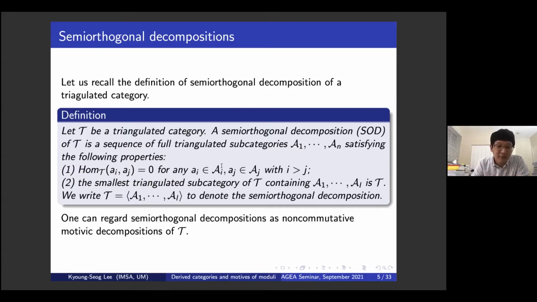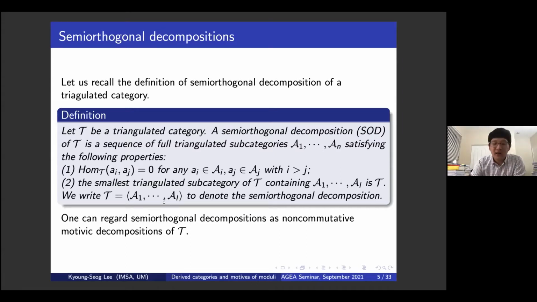This is the first condition. And the second condition is that the smallest triangulated subcategory of T containing all these subcategories is T. In other words, A_1 to A_n generates the whole triangulated category. And in this case, we write T is equal to angle bracket A_1 to A_n to denote that T admits this semi-orthogonal decomposition.